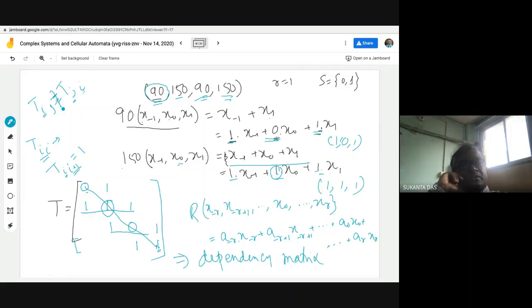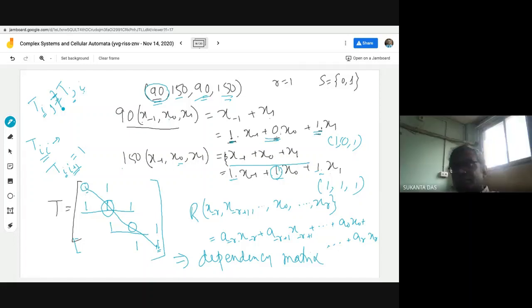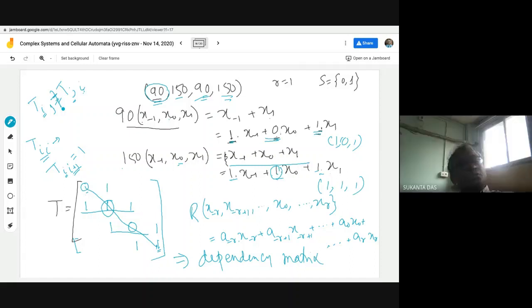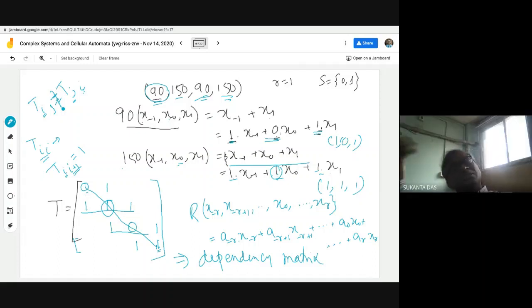So by looking at the matrix, we can understand what the rules are in the non-uniform CA. Or in the converse way, if you know the rule vector, then you can form that matrix.